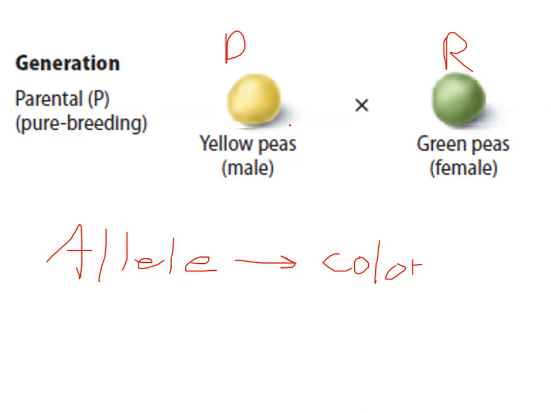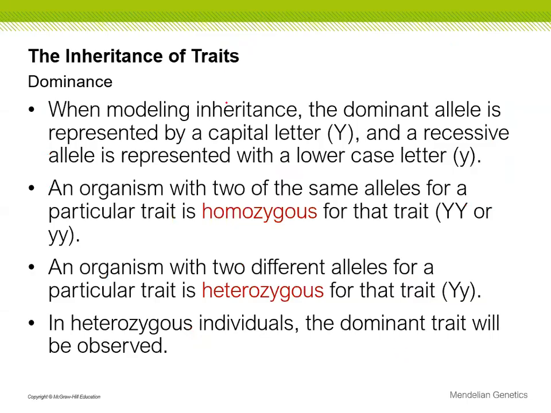Let's say, for example, I'm looking at color. I could say dominant is capital, recessive is lowercase. That's the most common way of doing it. When we model inheritance, don't worry about writing stuff yet, the dominant allele is capital and the recessive is lowercase.